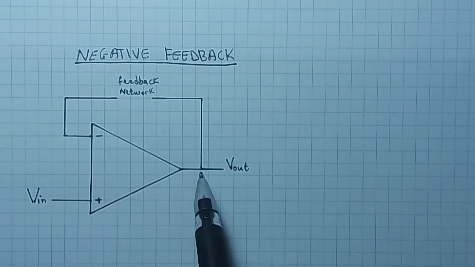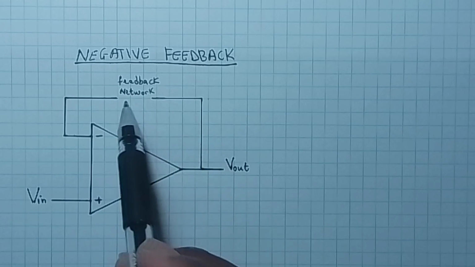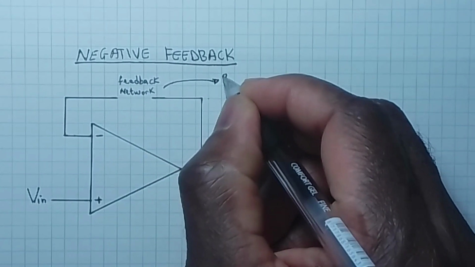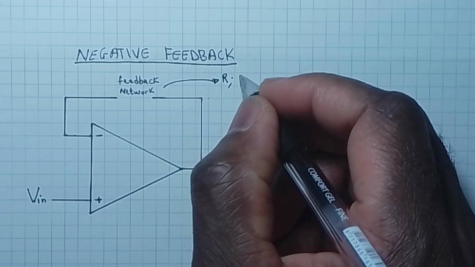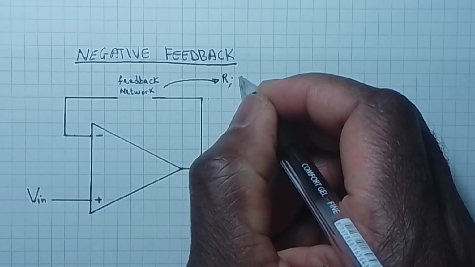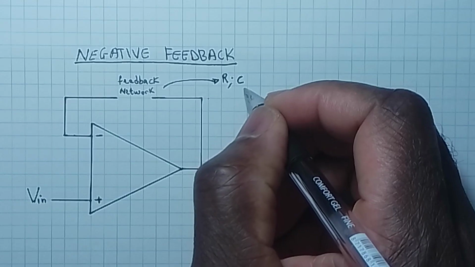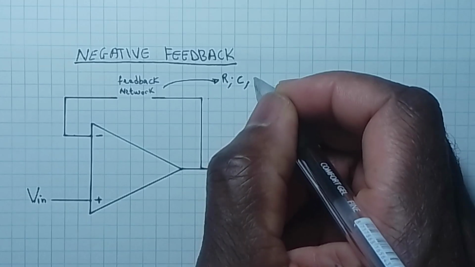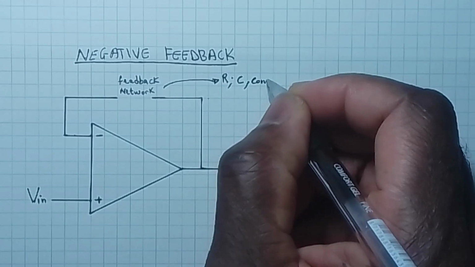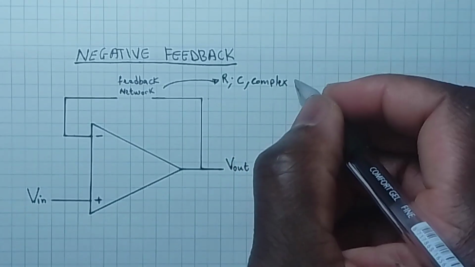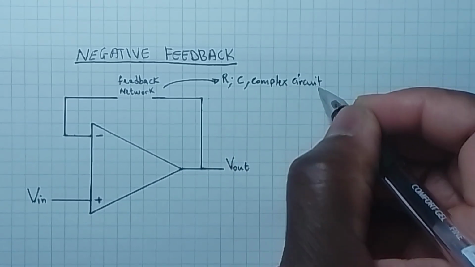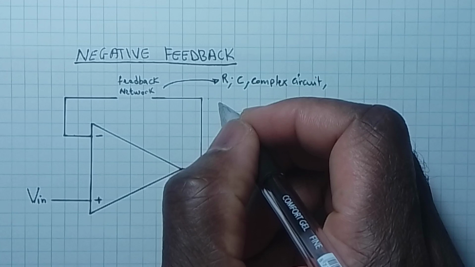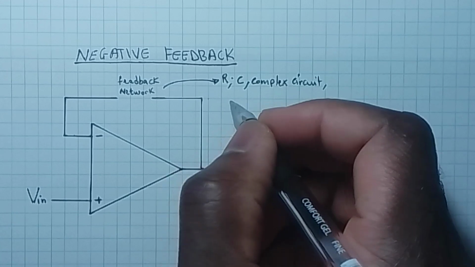This voltage can be sent through a resistor, or a capacitor, or a complex circuit, or through a wire.